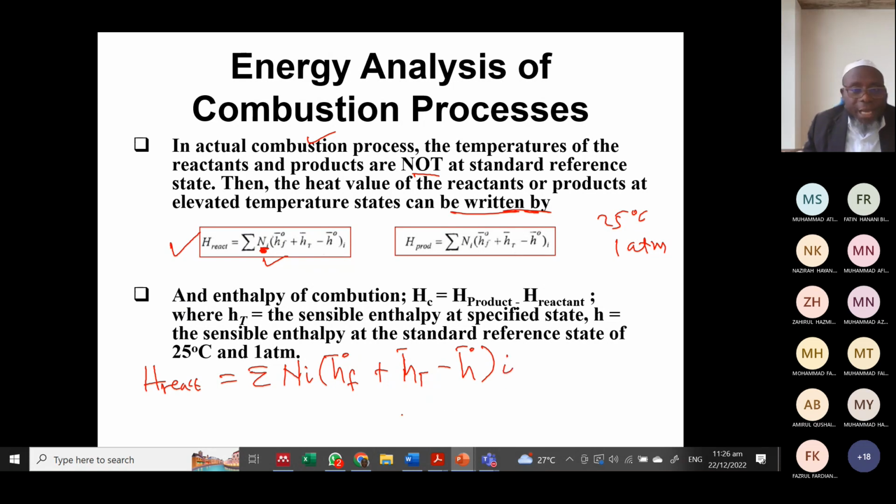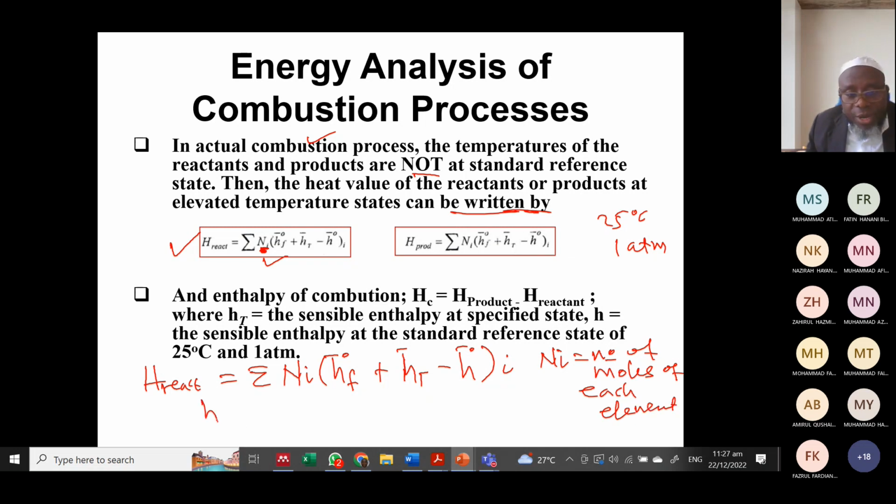Okay, so let me explain. It is very important that you understand this. In the term with HF, Ni is the number of moles of each element or species.